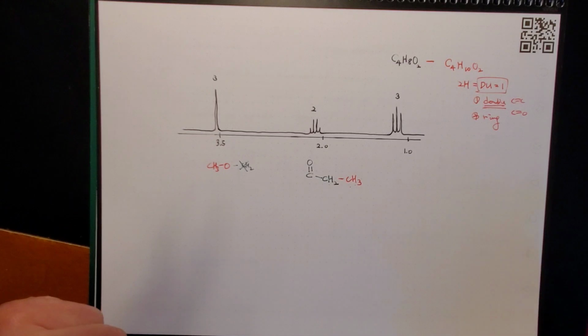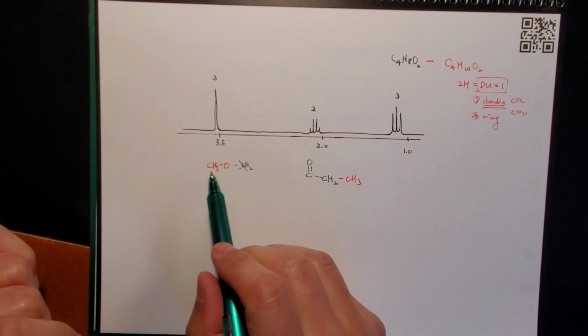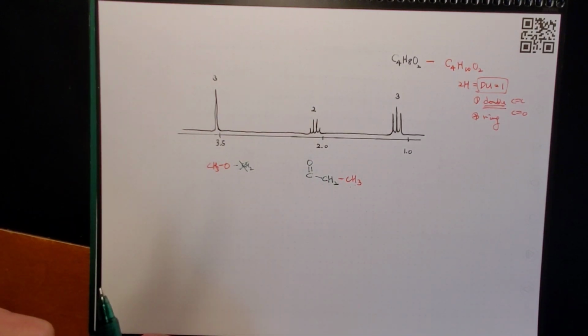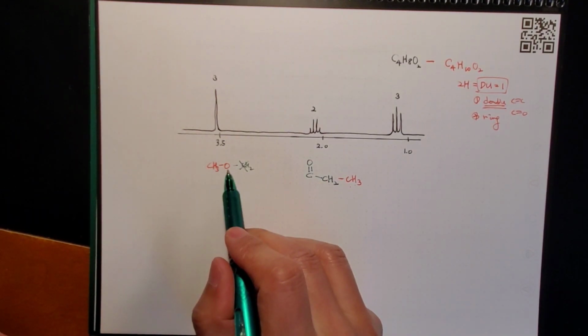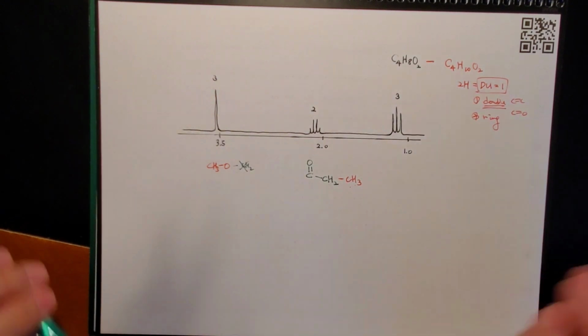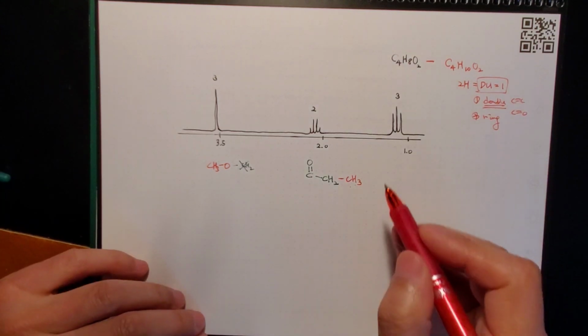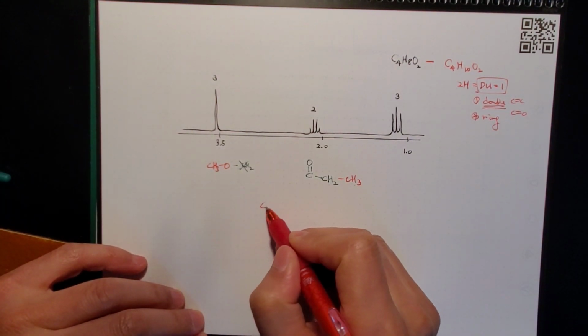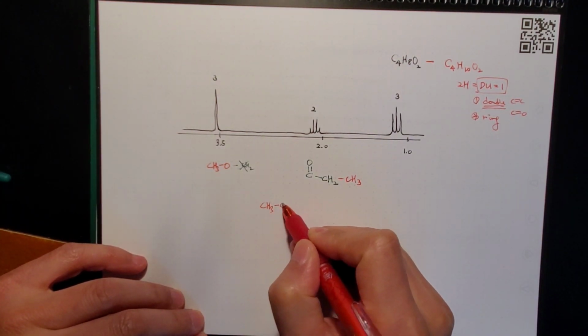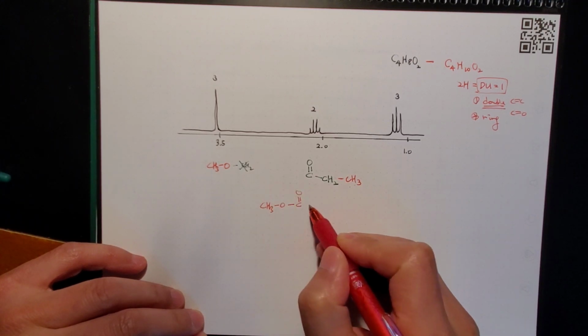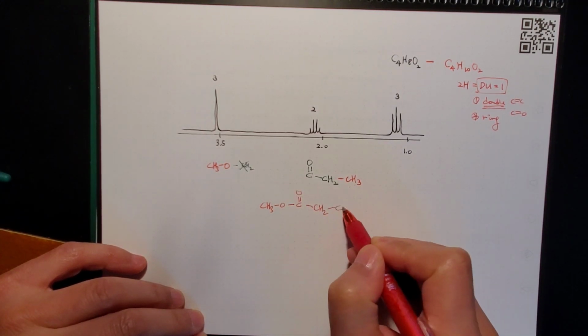How many ways do you have to connect them? I believe there's only one, right? This can only get attached to that. We did this kind of job with the IR and the mass spec, so by now you should be able to do this easily, right? You have now this one connected to that, and then this.